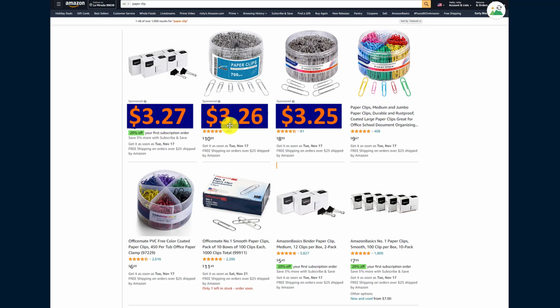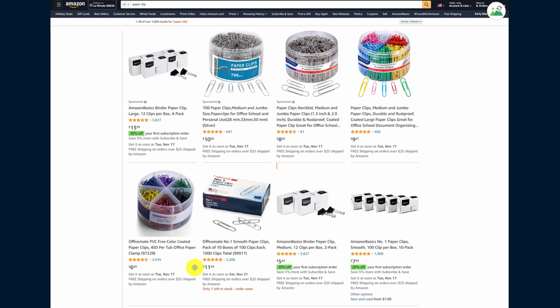Because they bid more than the other 2 players, he gets the number 1 slot. The other guy is willing to bid $3.26, which is a penny under here, so he would slide into the 2nd slot. And finally, you have the 3rd player bidding $3.25, so he will slide into the 3rd slot. And again, obviously, slot 1 is better than slot 3. That is the sponsored and or paid ads, and we call this cost per click.